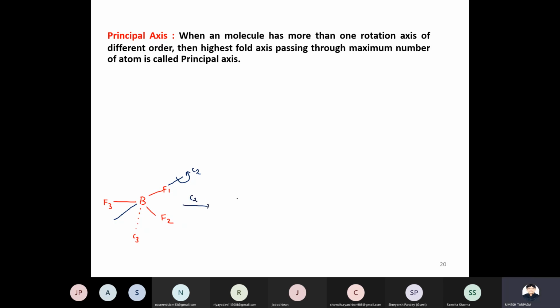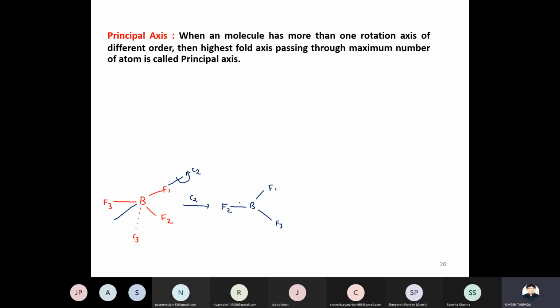If you apply this C2, it is passing through F1, so F1 remains as it is. The remaining two atoms, F2 and F3, can change their position. F3 comes to the position of F2 and F2 comes to the position of F3. So this is called C2.